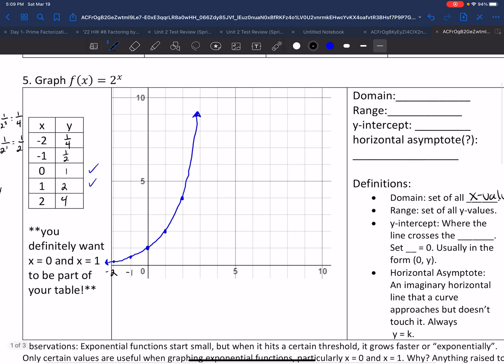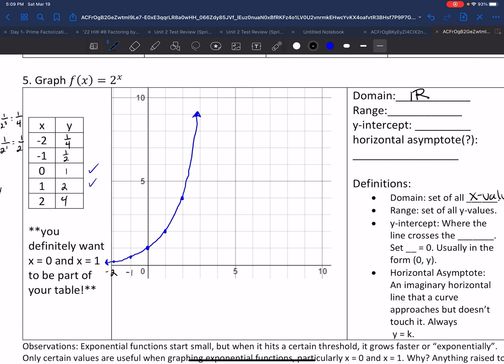And if I have arrows on both ends, eventually it's going to touch every x value there is, and it might take a little bit to reach every x value, but it will get there. So we say that the domain for an exponential function should be all real numbers.